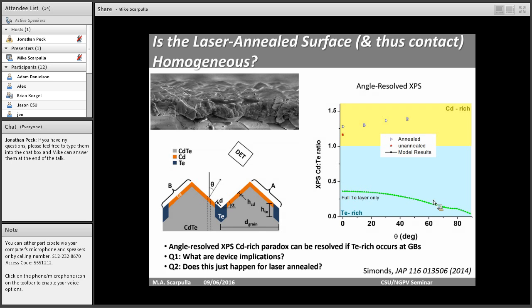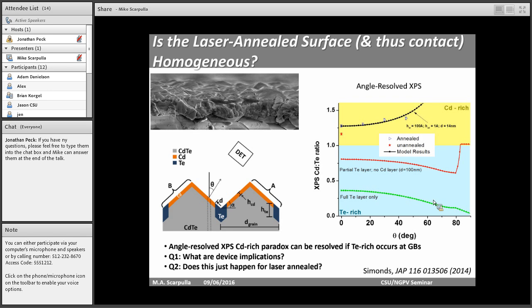So the model turns out to work really well. We simulated three scenarios here. Basically, you can't get the model to work unless it looks something like this hypothesized picture in cross section on the left here.